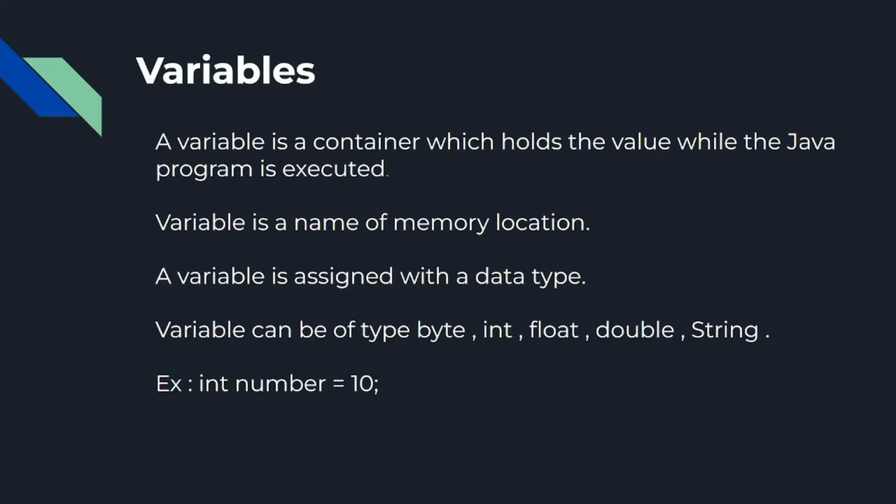So what you are doing is you're storing a value 10 in a memory location and giving it a name number. So when you need the value for the next time, you'll simply say, hey computer, give me the value which is stored in the memory location which has the name number. So computer will go to the memory location and see anywhere it has the name called number, and it will return you the value 10.